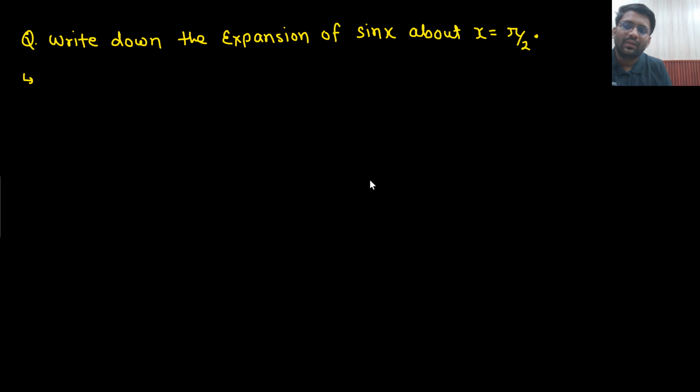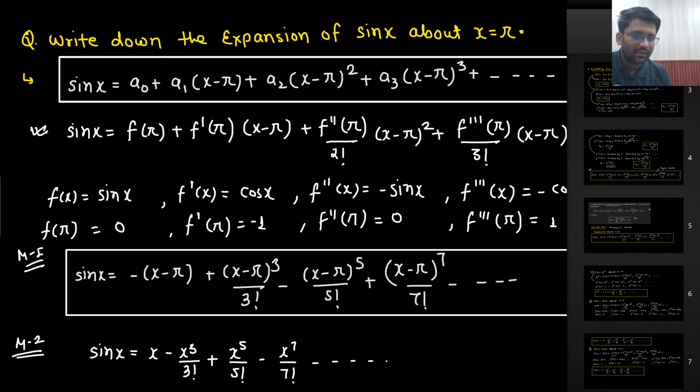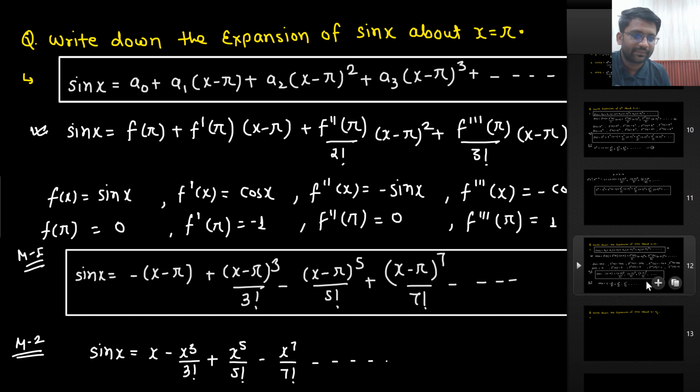So what I will do, add a page. Sir, I know one thing, that in place of x, I need x minus pi. This is what I need. So in place of x, I will put x minus pi.